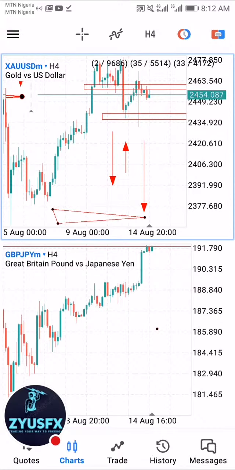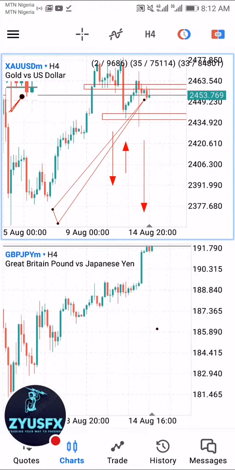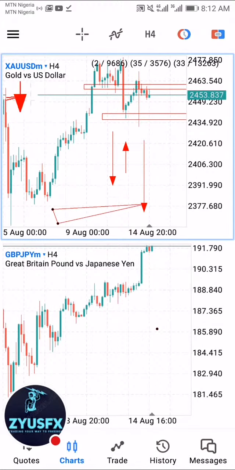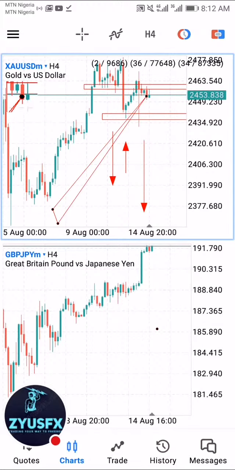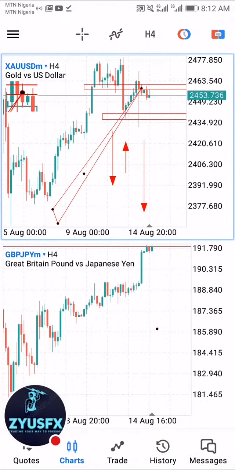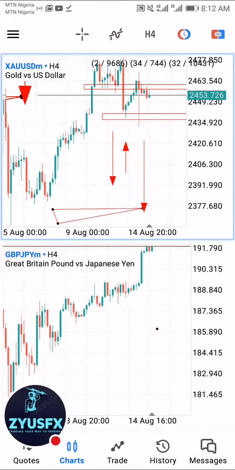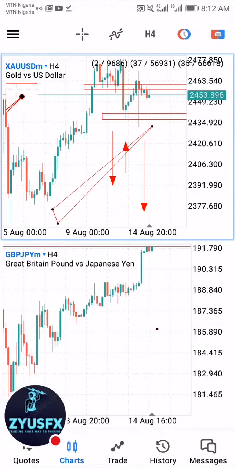So we are now entering the continuation phase, which is this bearish candle back down. The continuation is happening now. We expect price to break this level and continue down. When price is moving down, it's making lower highs, and we are now anticipating a lower low, for price to break below and create that lower low.